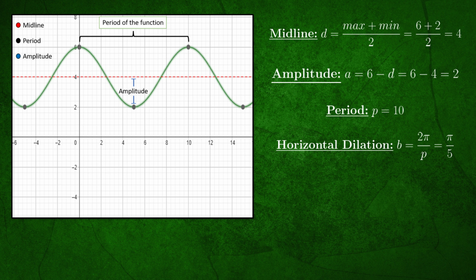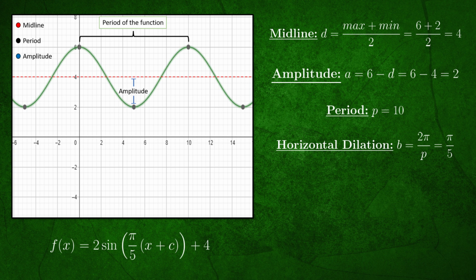But remember that p is equal to 10. Thus, b is equal to pi over 5. With the information we have, we can write that the graph is modeled by the sinusoidal function f of x equals 2 times sine of pi over 5 times x plus c, plus 4.